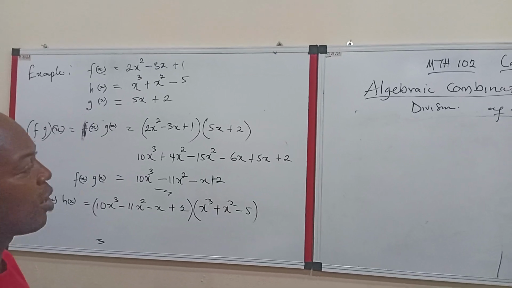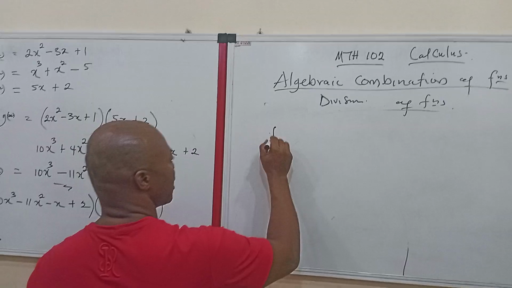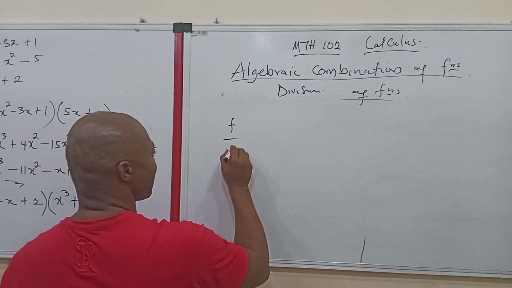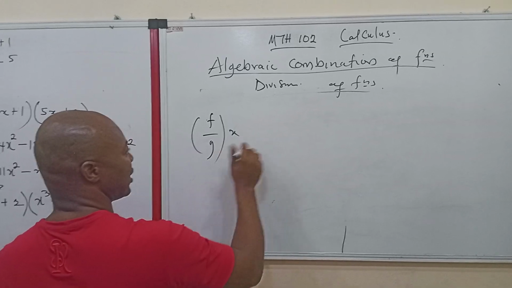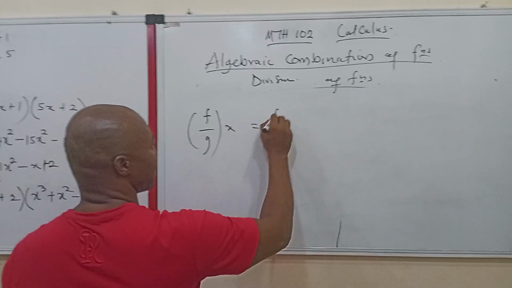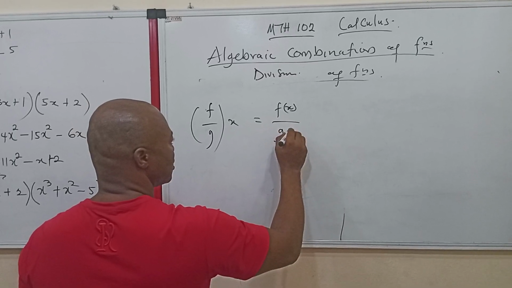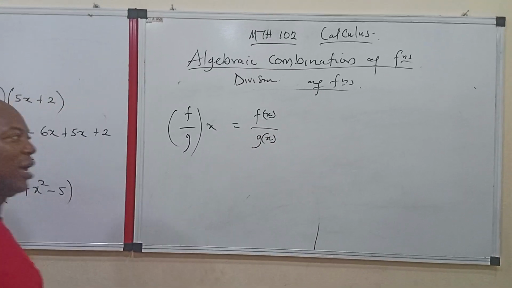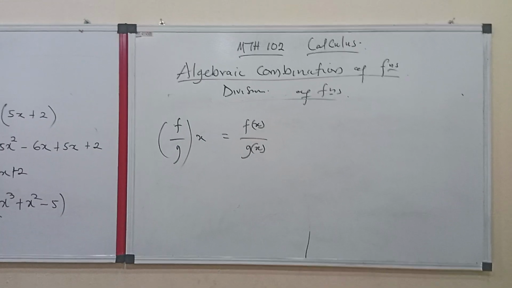Now, based on what we have been writing, in case we have a function, say, f over g, all of x, we are saying that this is the same thing as f of x, everything over g of x. So this is also pretty simple.